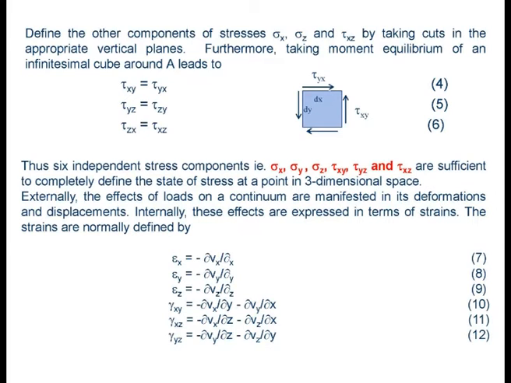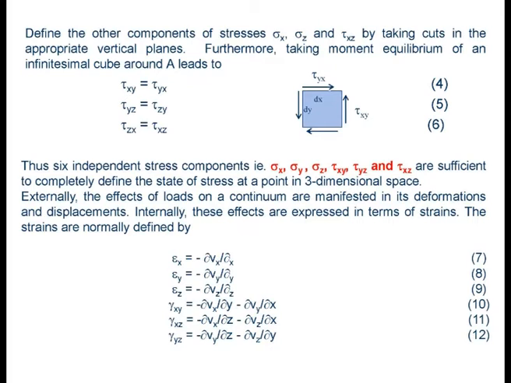Now, corresponding to the 6 components of stress, you can also define 6 components of strain. 3 normal strain components, which are epsilon x, epsilon y, epsilon z, and then gamma xy, gamma yz, gamma zx.